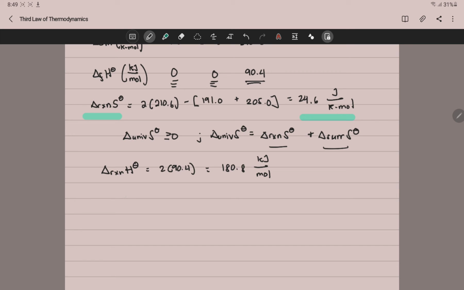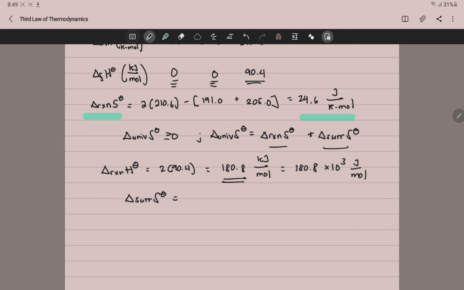So, ang gagawin natin is we can compute for the entropy of the surrounding. Yung 180.8 kilojoule per mole kasi, let's first convert to joules per mole. Magiging 180.8 times 10 raised to 3 joules per mole.